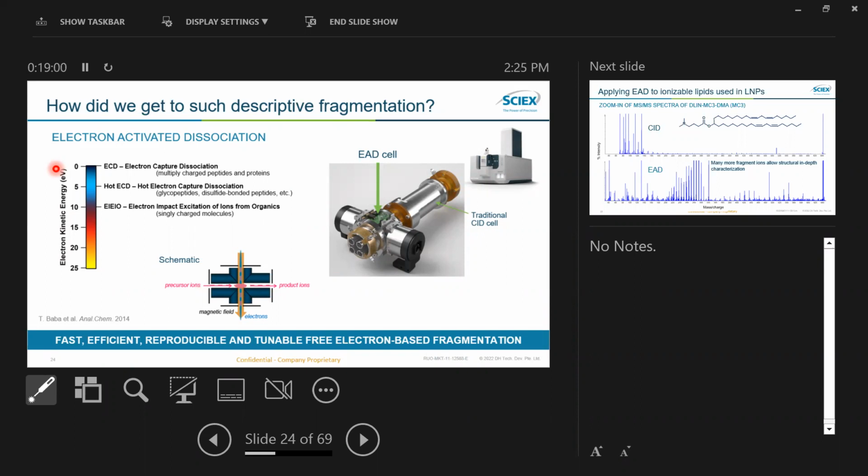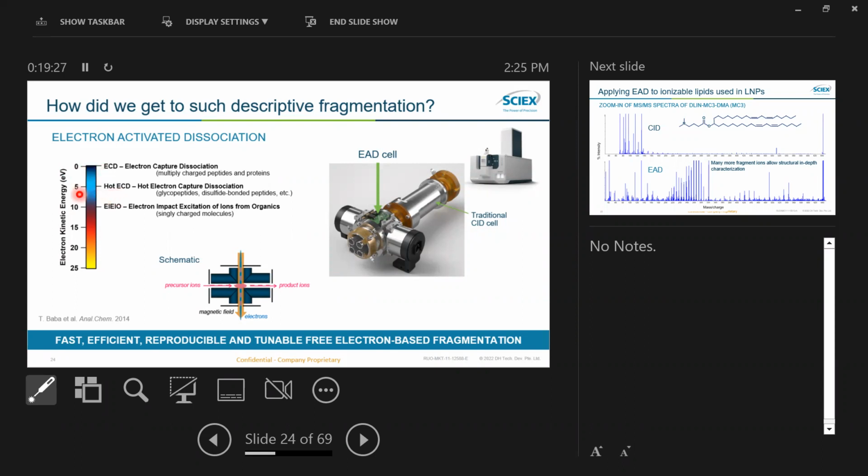Traditionally, when I've used electron fragmentation, it was for peptide or proteomics work, and commercial ETD or ECD devices are limited to fragmenting multiply charged species like proteins and peptides. It's very useful for determining sites of post-translational modifications, for example. So certainly this device can do those types of experiments as well.